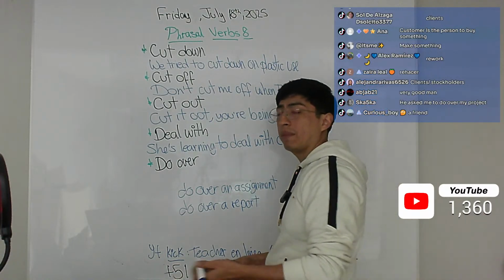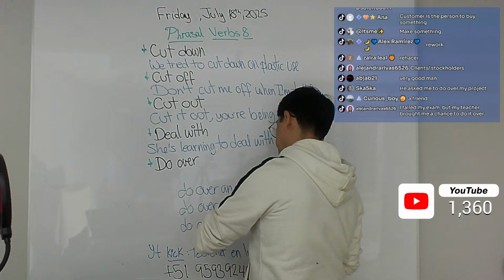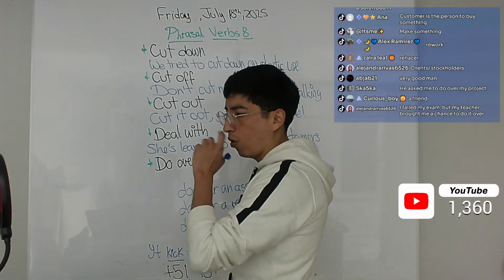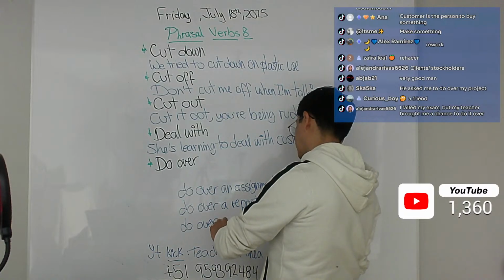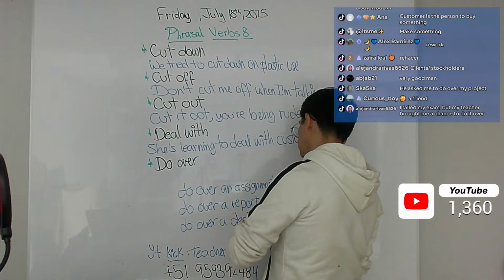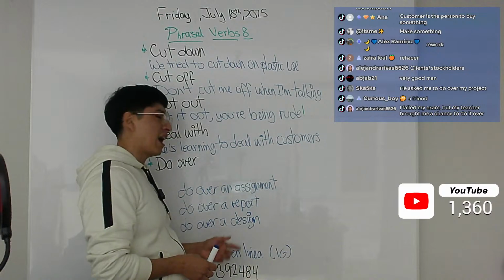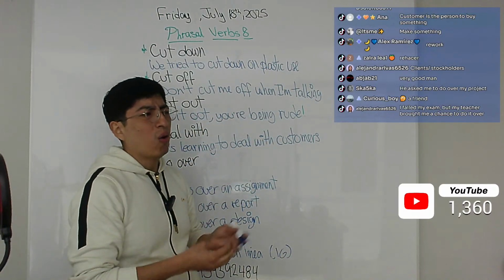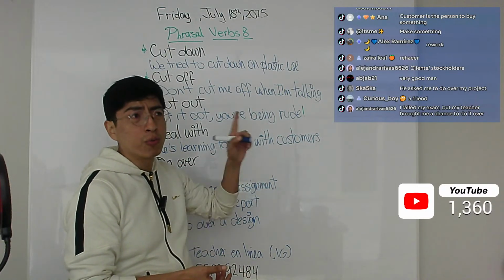Maybe you can say do over a presentation, do over a project, do over a design. Okay, I wasn't satisfied with my work or with my design, so I have to do it over.